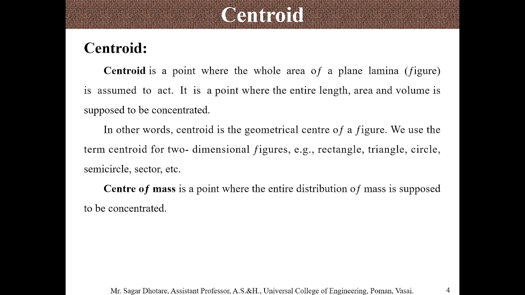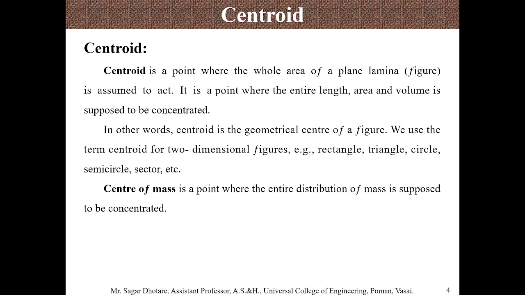For example, if a human is walking over the floor and the center of gravity is not in a normal location, the person could not balance during the walk. Similarly, the whole volume or whole area has to be concentrated at a particular location.